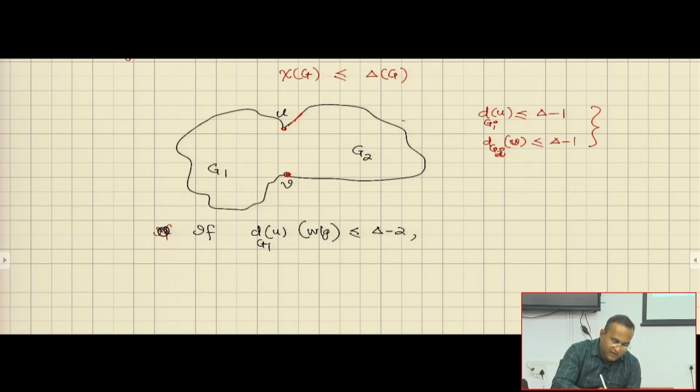Here you have delta minus 2, then you connect this edge, and then you color G1.